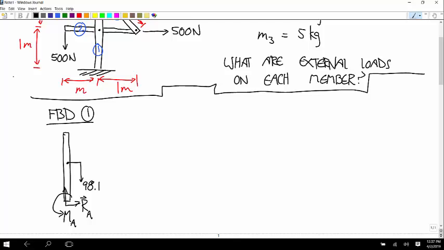And now there's contact here with member 2. So this is the force on 1 by 2.